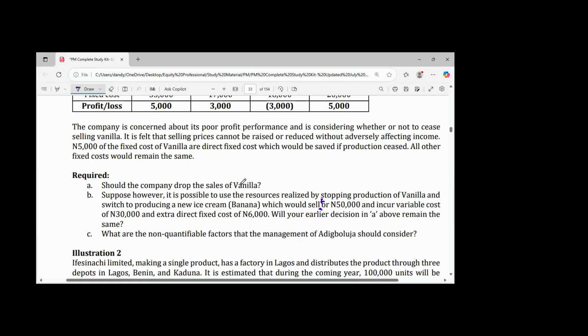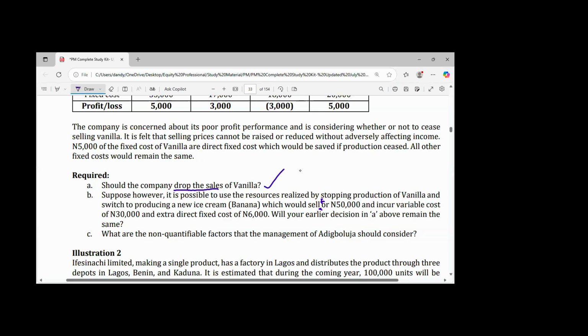Thank you, Oliver. That is the question. The examiner is asking you, should the company drop the sales of vanilla? By these requirements, you should know that this question relates to deleting of a segment. That particular statement should call your attention.